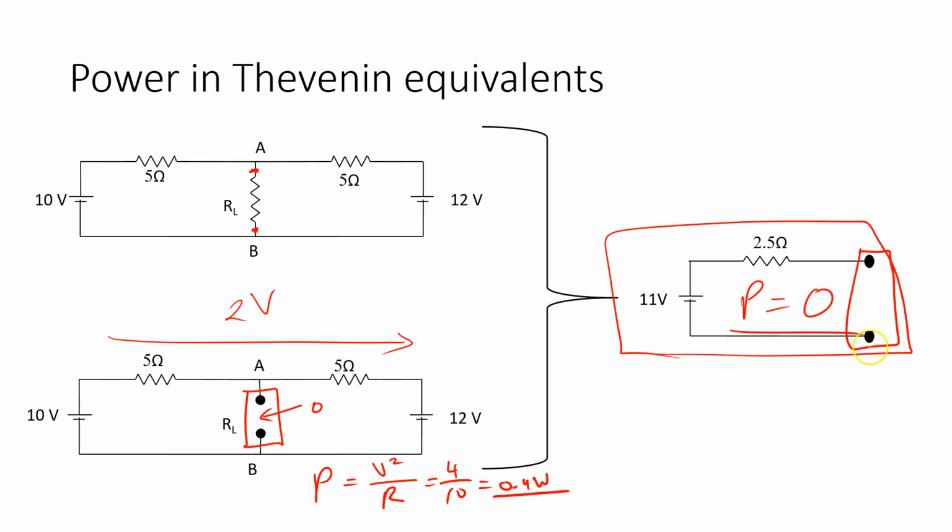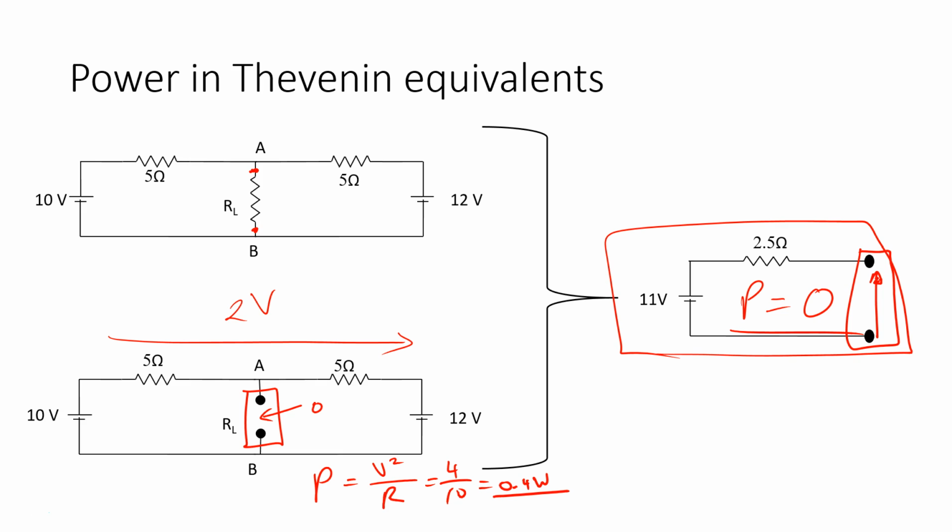And the same holds for here. There's no current here, so the I squared R is 0. So the Thevenin equivalent, remember, preserves the voltage across and current through the terminal component, and that is the only thing that remains the same. So even though we say it is an equivalent for the circuit, it is only equivalent at the terminals.